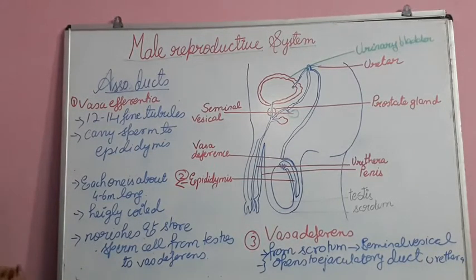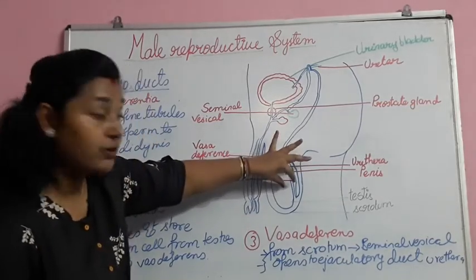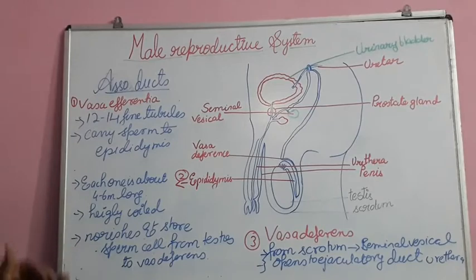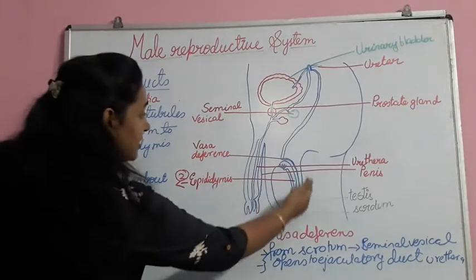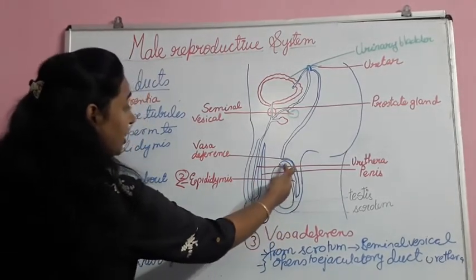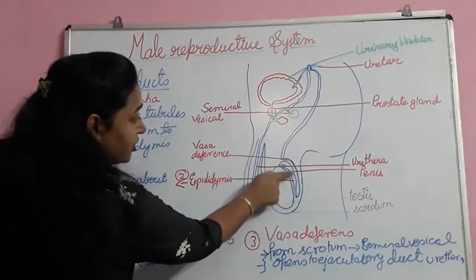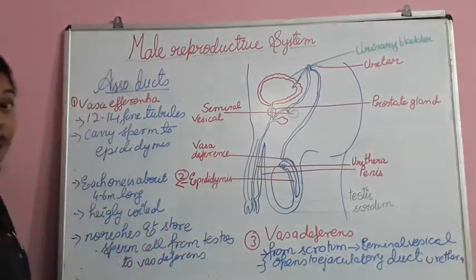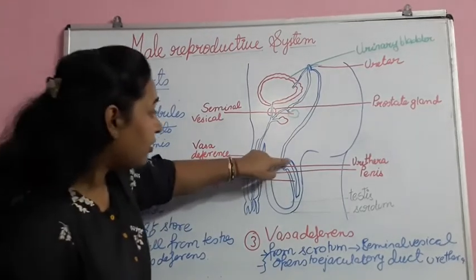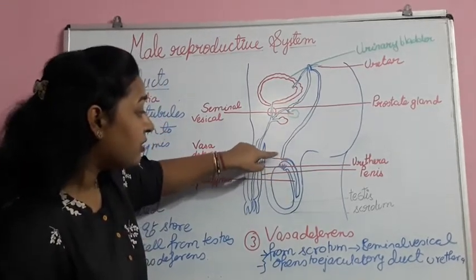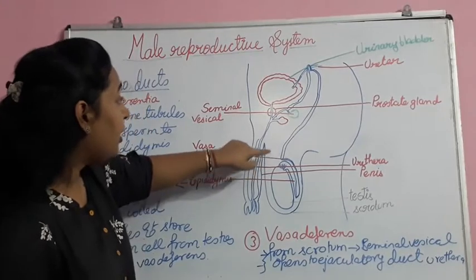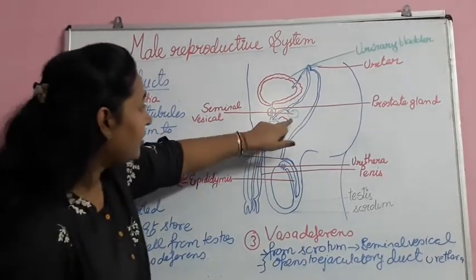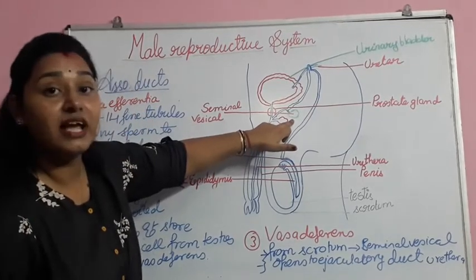That means it stores sperm cells over here, nourishes them, and then transports them to the vasa deferens, which you can see here. From the vasa deferens, these sperm cells will be sent to the seminal vesicle.